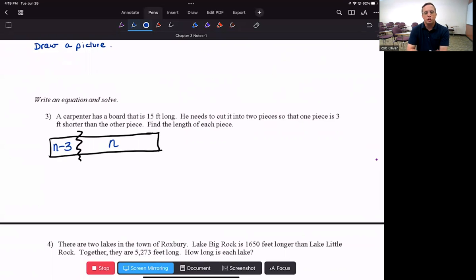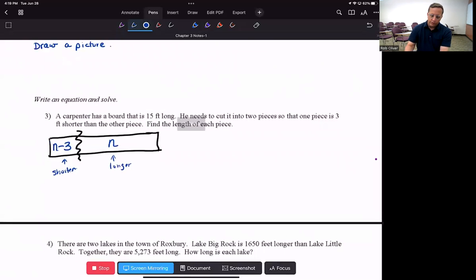That's your expression right there. So the shorter piece is n minus 3, and the longer piece is just n. You can think that through. If the longer piece is 5 feet, then the shorter piece is going to be 5 minus 3, which makes 2.